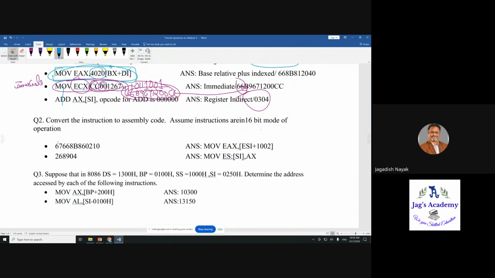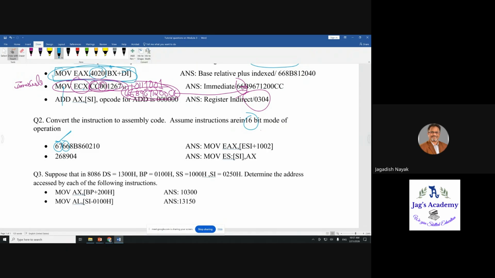See here. What is 67? First, you always look at the prefixes. You have a prefix table with you, right? You see if any prefixes are there. Now, 67 means there is an address size violation. So in the instruction, if any address is there, it is a 32-bit address, because the mode of operation is set to 16-bit.